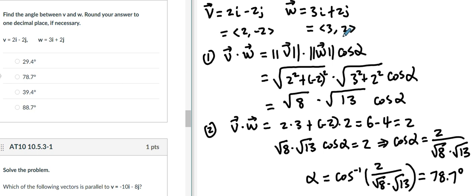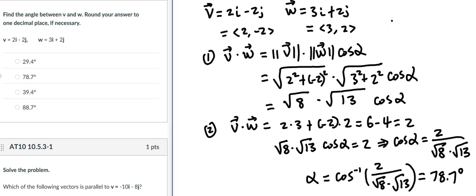We know that by definition, the dot product can be calculated in this way: the length of the first vector times the length of the second vector times cosine alpha, and alpha is the angle between the two vectors. In this case, we want to find out what the value of alpha is.